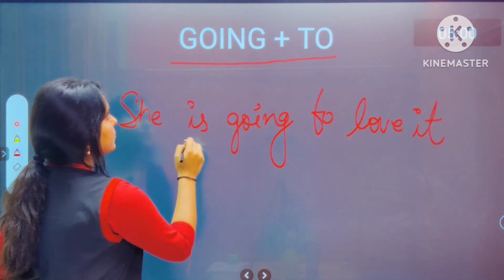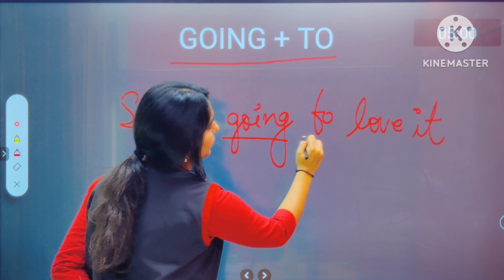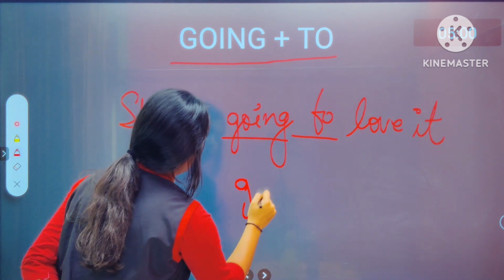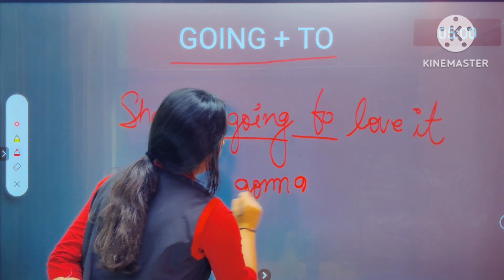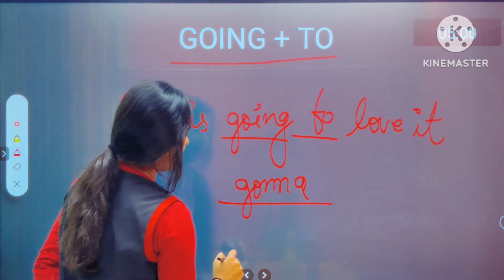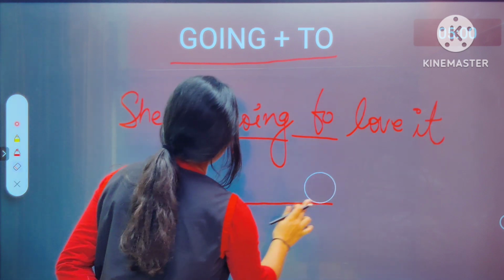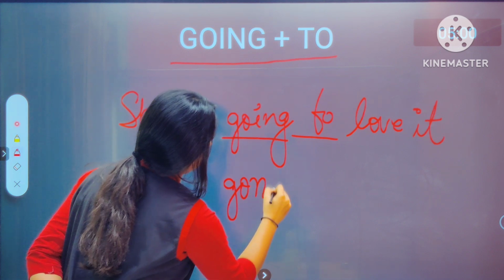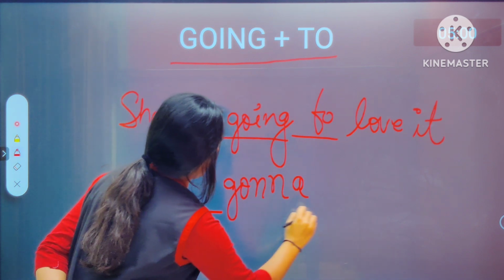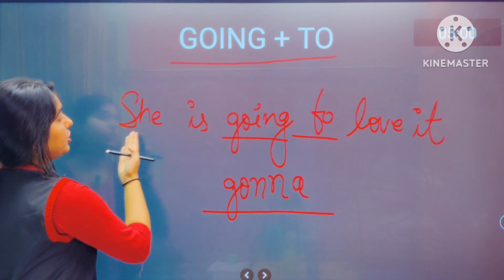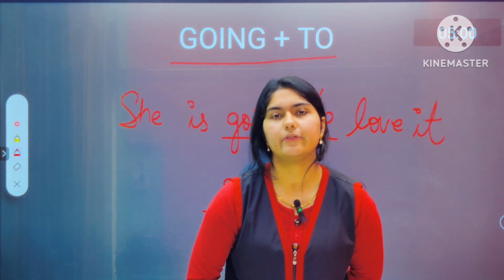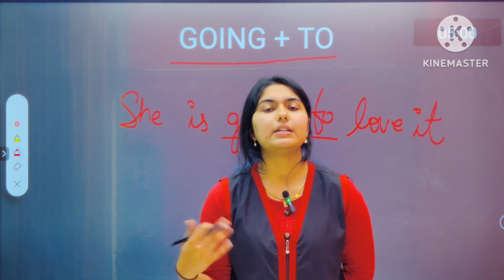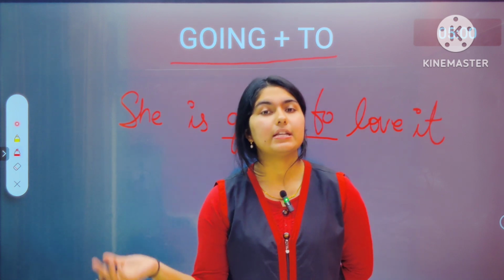Now we have to merge both these words, going and to, and make a contraction out of it, and the contraction is gonna. The contraction is gonna, right? What is the contraction? The contraction which we got is G-O-N-N-A. Now instead of saying she is going to love it, to add fluency to your sentence, you can say she is gonna love it. What I said, she is gonna love it.